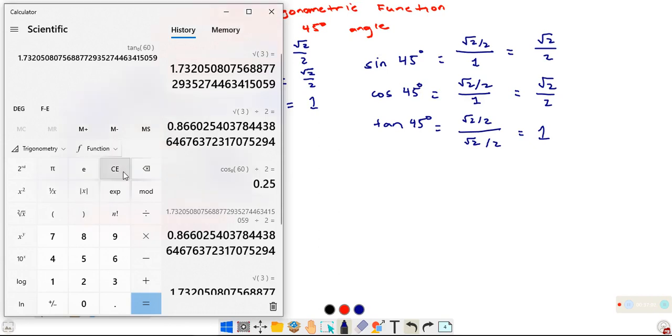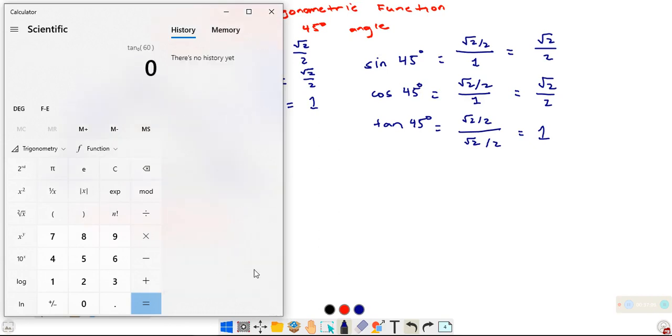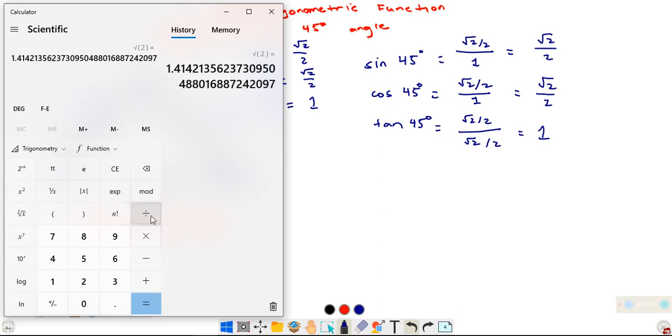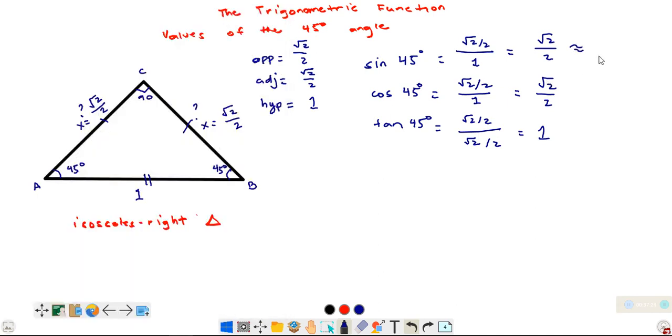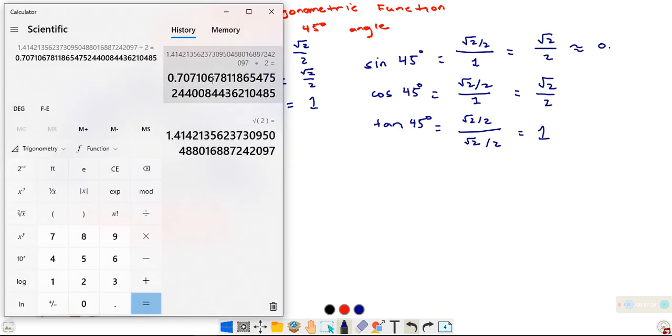Check natin sa calculator. So, unahin natin yung value nitong square root of 2 over 2. Ano ba ang square root of 2? Over 2. So, approximately 0.7071.